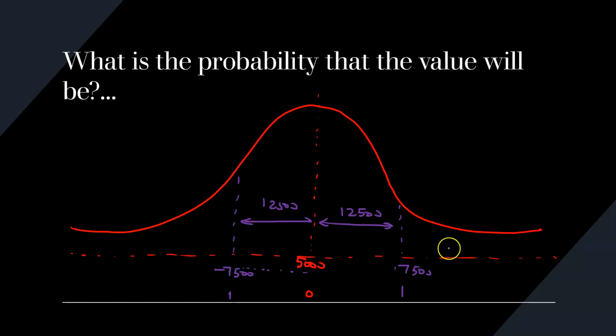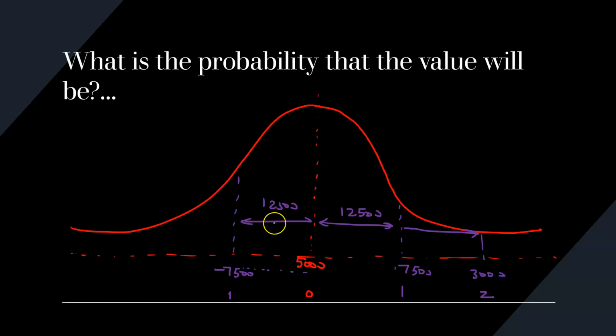And I could do the same thing again. I could find two standard deviations. Two standard deviations would be 2 times 12,500, which is 25,000. So two standard deviations will take me to 25,000 plus 5,000, that's 30,000.